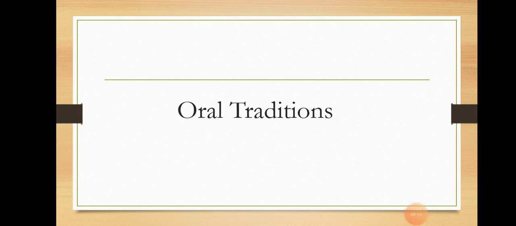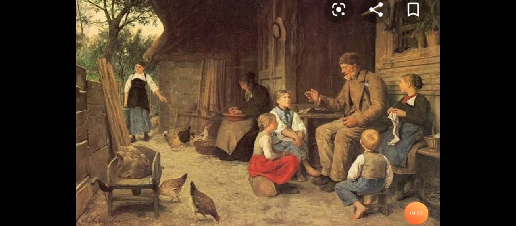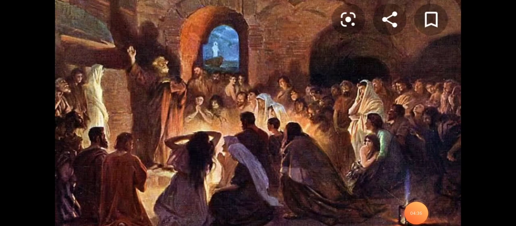Next is oral traditions. Oral traditions such as mythology and legends are a valuable source of information for historians. We have often heard the stories about the past from our parents or grandparents. However, these oral sources are not considered as authentic and reliable as written sources because these stories tend to change while being told and retold by different people.